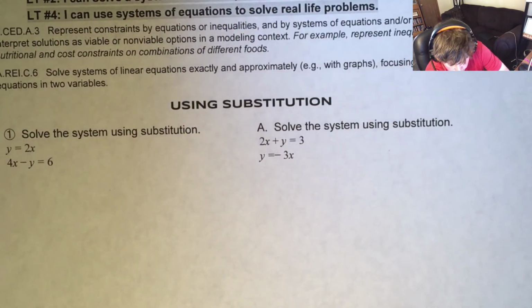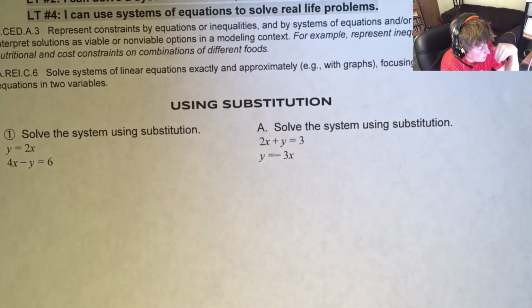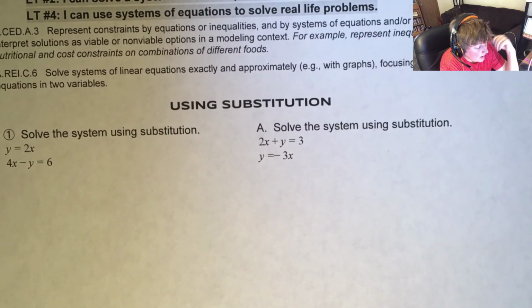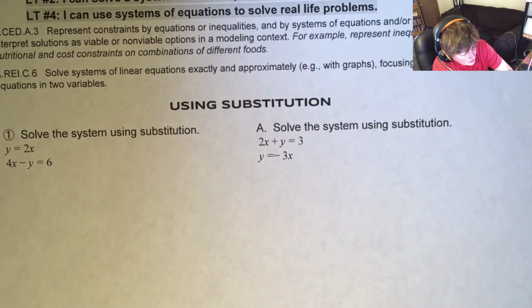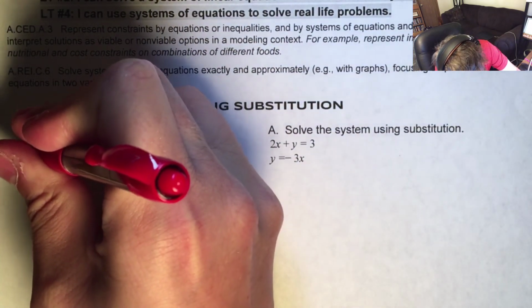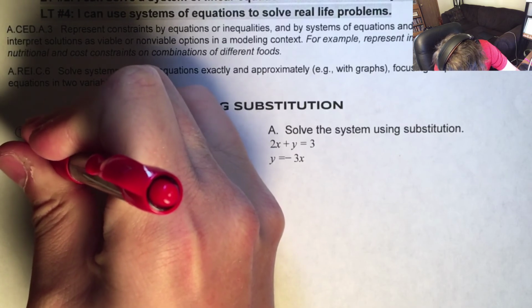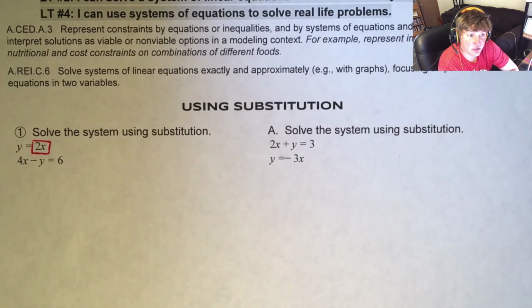And what we want to do is look and ask ourselves, at any point, do we know what x is equal to or y is equal to? Well, I may not know what number x is equal to or what y is equal to, but I do know that y is equal to the expression 2x. So I know that the value of 2x is what y is equal to.